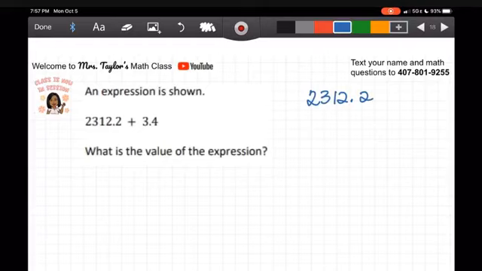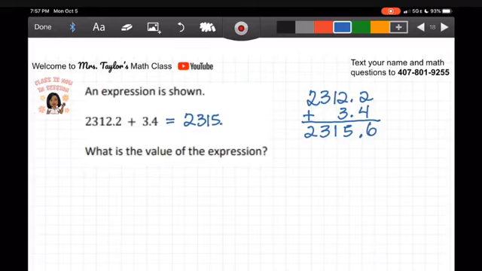I think it's like the first unit in their math class. So your 6th graders should know how to do this already. And we're just going to add everything together. 2,315 and 6/10 is our answer.